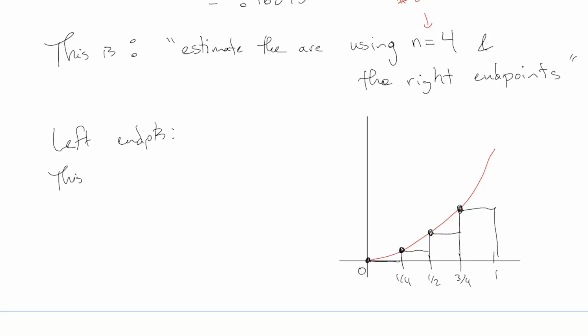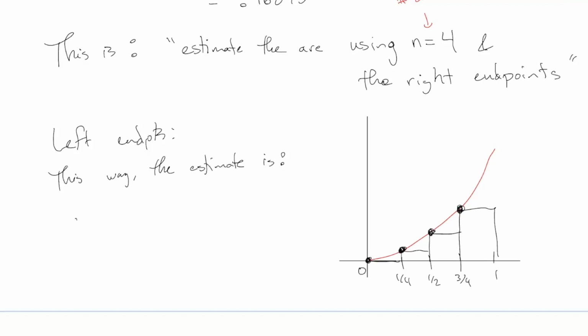So this way, the estimate is, okay, I'm doing the same stuff. It is still 4 rectangles added together. They still all have the same width of 1/4. The only difference is the exact y values, right?